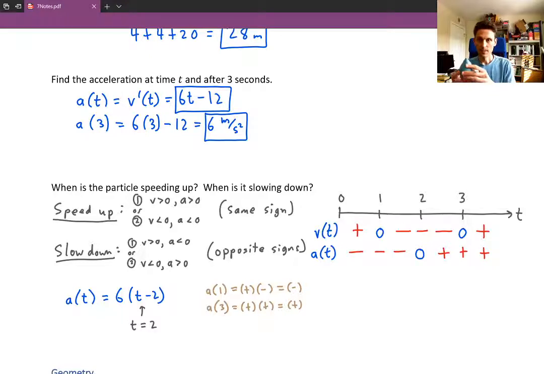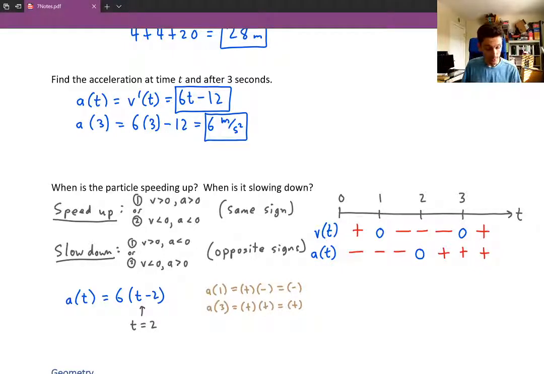They're fighting against each other. Then from t equals 1 to t equals 2, velocity is negative and acceleration is negative. So there, the particle will speed up. It's going to push velocity even more in the negative direction.